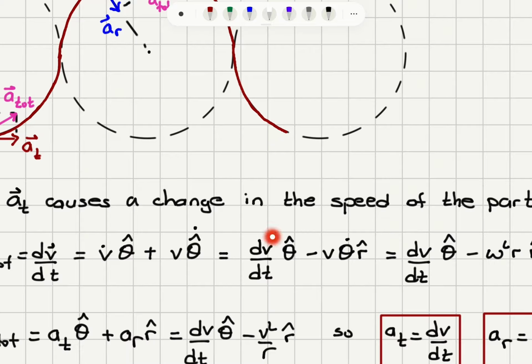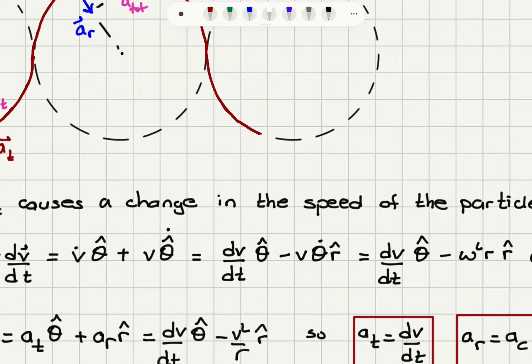V dot, as you know, is dv/dt. It's the rate of change in the speed of the particle, which was normally zero in our uniform circular motion. In this case, it's not zero. And we have theta hat dot, and if you remember, we found in the previous lecture that theta hat dot is minus theta dot r hat.